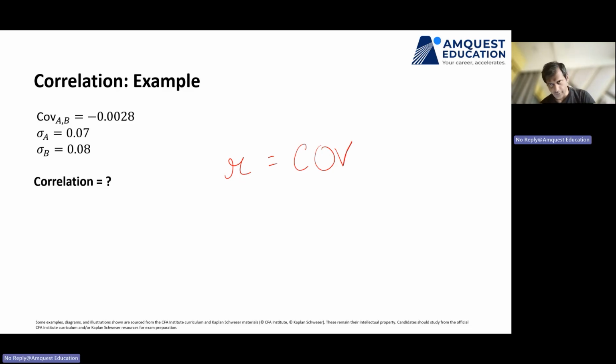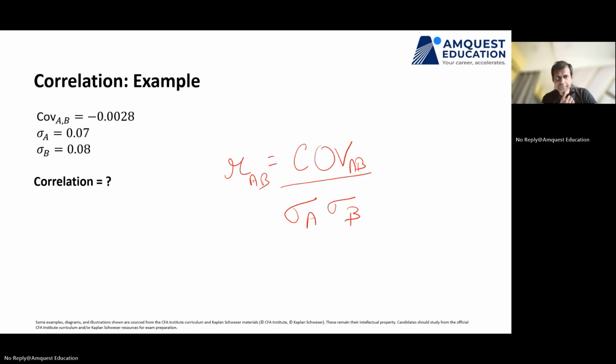So what's the formula? Covariance upon standard deviation A into standard deviation B will give you correlation of A and B. Clear?